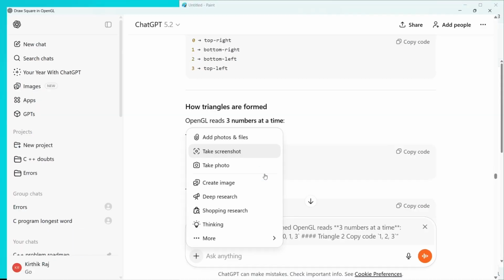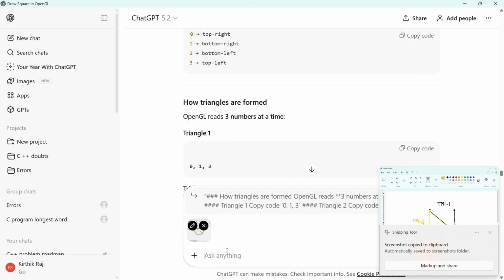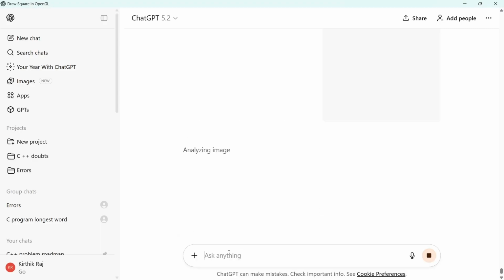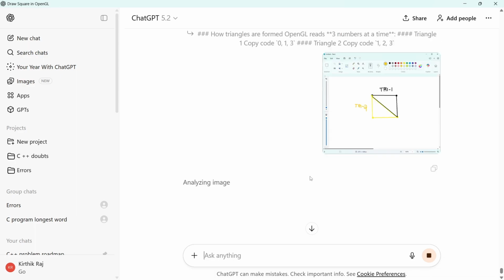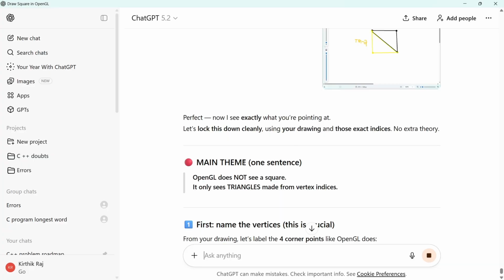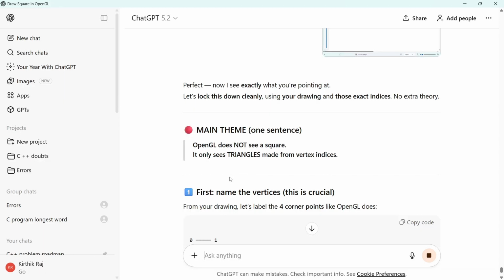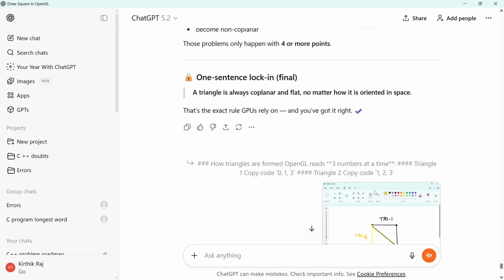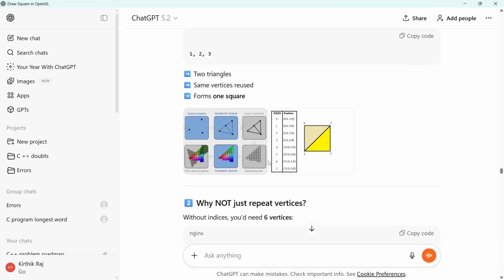I've taken the screenshot. Now ChatGPT will tell by itself. Yeah, I know, man, I just drew that for the example. Okay, let's go back here.